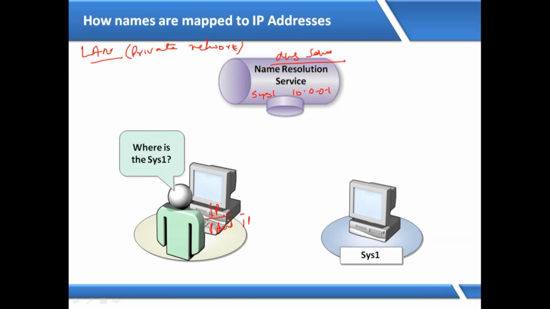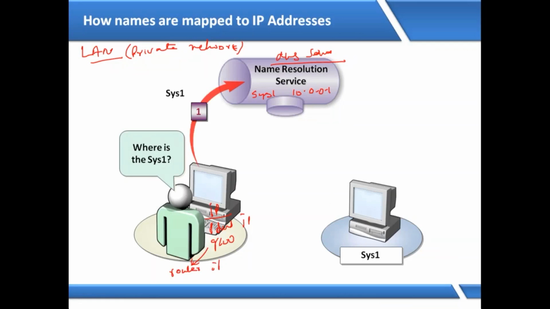Okay, understood. So when this user tries to access this machine by name with the help of this preferred DNS IP and default gateway, meaning router IP address, it reaches the DNS server.